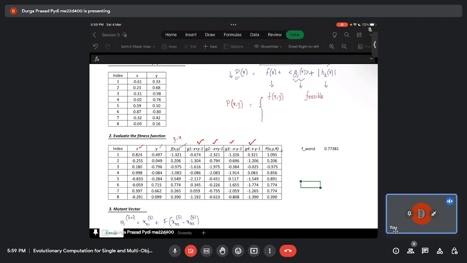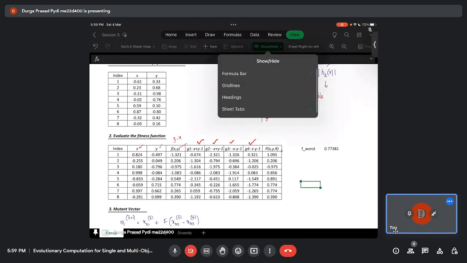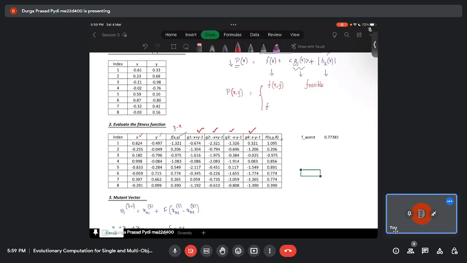If you have an infeasible solution, then you take the worst of all the feasible solutions, plus you take the constraint violations. I'm considering here a square function, like alpha equal to 2, and beta also, both of them to be parabolic functions, which need not be the case. You can take any values.